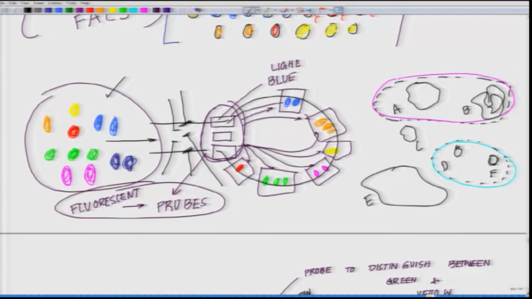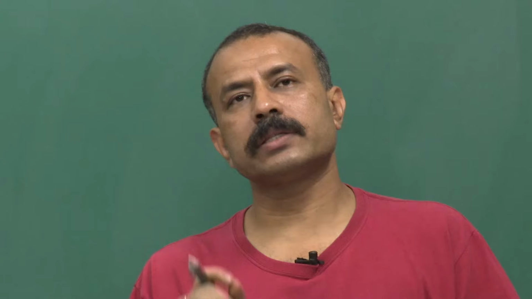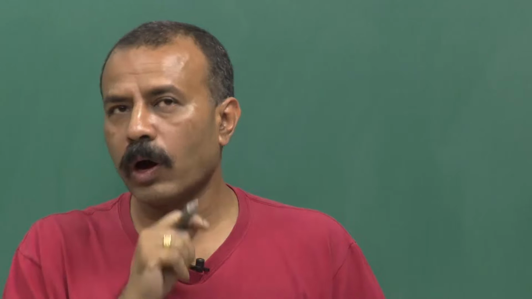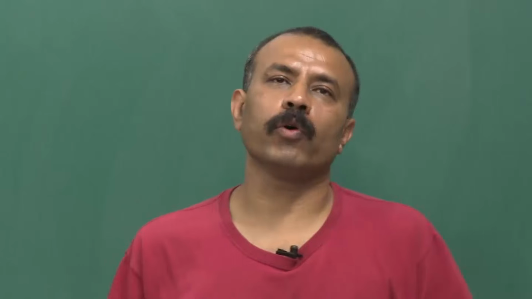But the fact is still the same as what I showed you in the last class: you have to have those unique markers. Without that, the basic fundamental is the same, and sorting them out won't be an easy job.